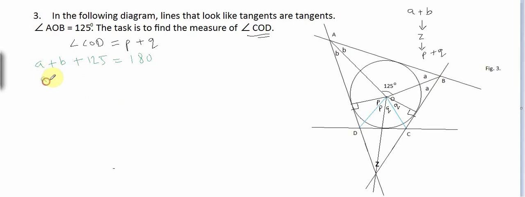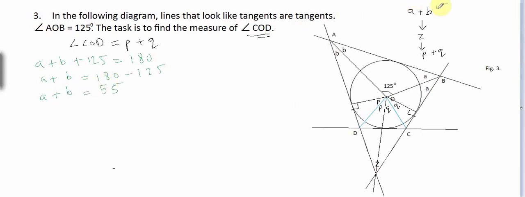So A plus B is equal to 180 minus 125, which turns out to be 55. A plus B is 55. So A plus B is known.